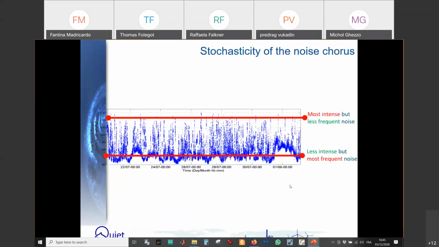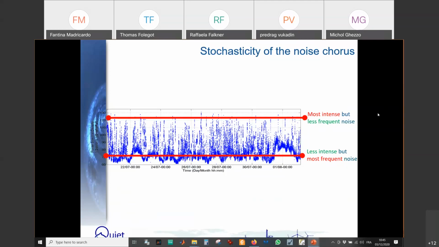And when you look at this, you can see that actually the most intense sounds are less frequent, and the low-level sounds are most frequent. And as you can see here, the sound that is here is linked to passages of the vessels. So this is only anthropogenic noise.